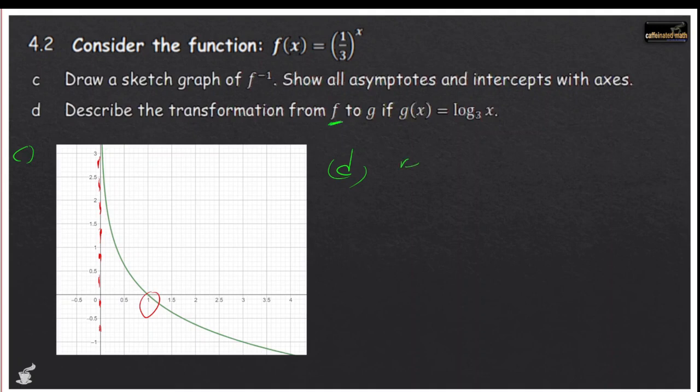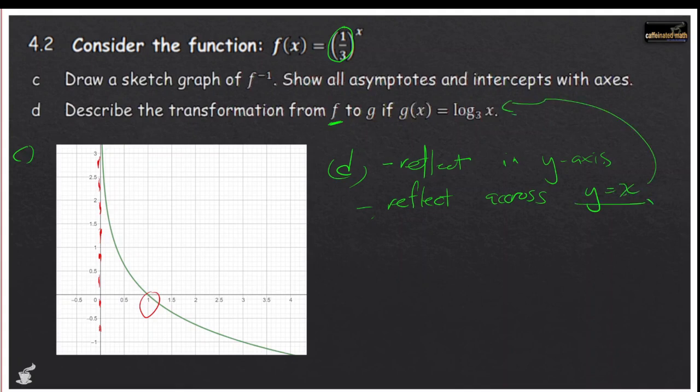So first thing is reflect in the y-axis, and that'll turn that into a 3 reflection in the y-axis, and then step 1, step 2, reflect across y is equal to x, which is the description of creating an inverse function.